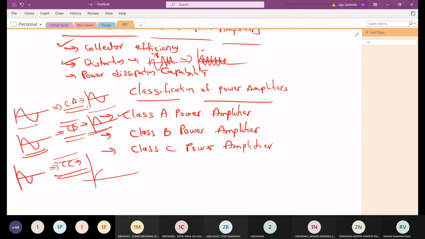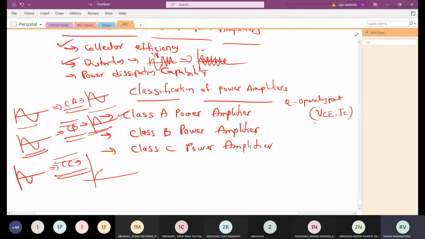We may say the same thing in terms of the Q point. Do you know about the Q point? Yes, sir, the operating point, which is VCE comma IC.